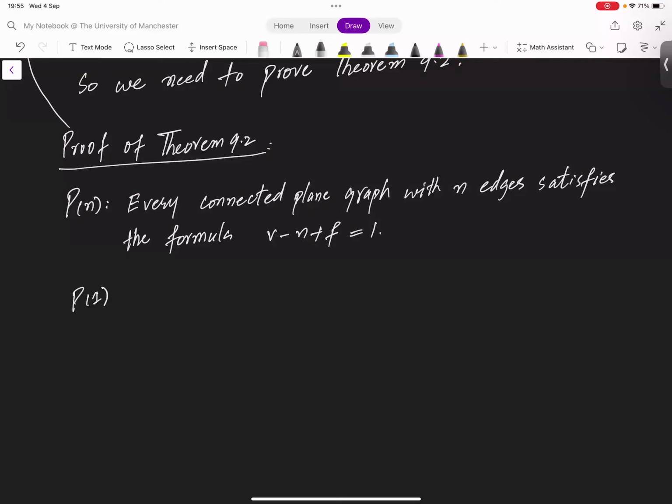So then P of 1 is every connected graph with one edge satisfies the formula.